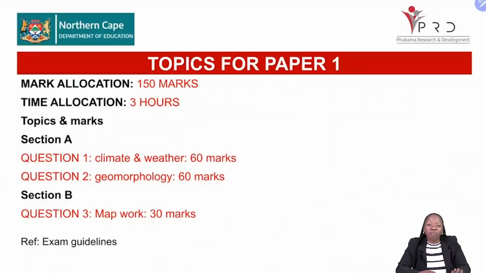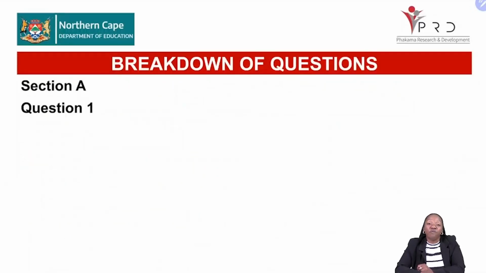Then in your question paper, you have 2 sections, your section A and your section B. Under your section A, you should expect 2 questions, your question 1 and your question 2. And under your section B, you expect 1 question, which is question 3, and that question 3 is your mapwork questions.